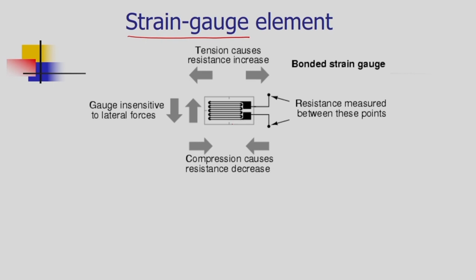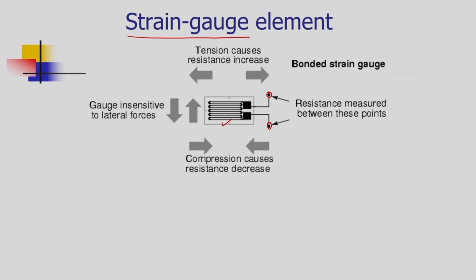It has a foil, and that foil has two terminals, and we are measuring resistance across these two terminals. This foil is attached to the mechanical element of which we want to measure the strain.